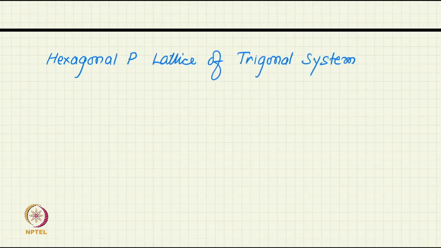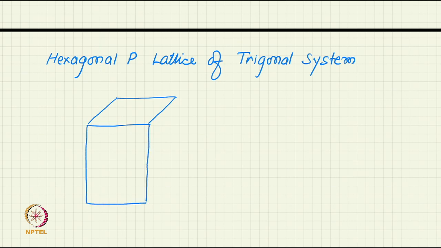Let us say hexagonal primitive unit cell or hexagonal primitive lattice. For hexagonal P, the conventional unit cell used will be a rhombus based prism.